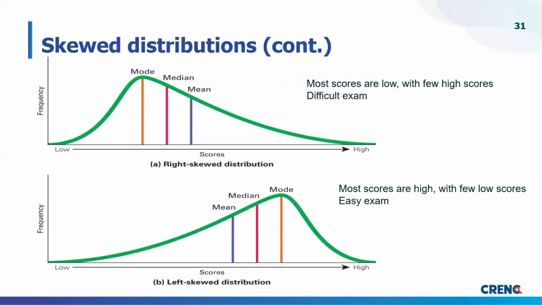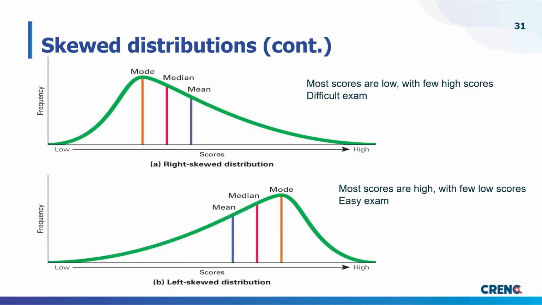So to demonstrate that, we have this graphical representation, where we see the frequency of the scores. Many people have low scores, and only few persons have high scores. Hence, in a difficult exam, a lot of people are having low marks.